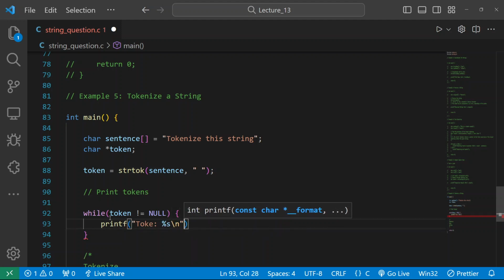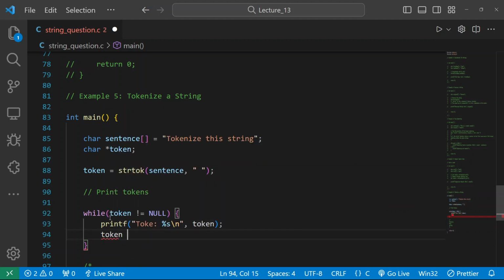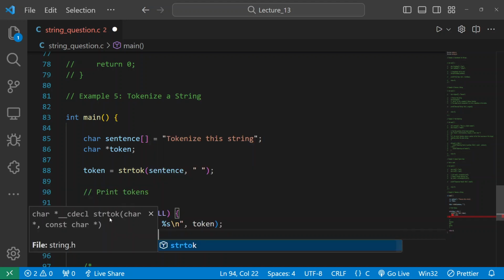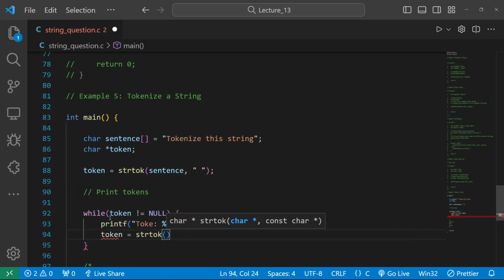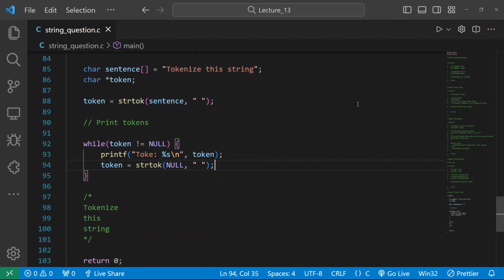Then print with percent s backslash n and the token, and token is equal to strtok with null. Whenever we get null, we have to handle it. That's why I'm writing it. See now the output.